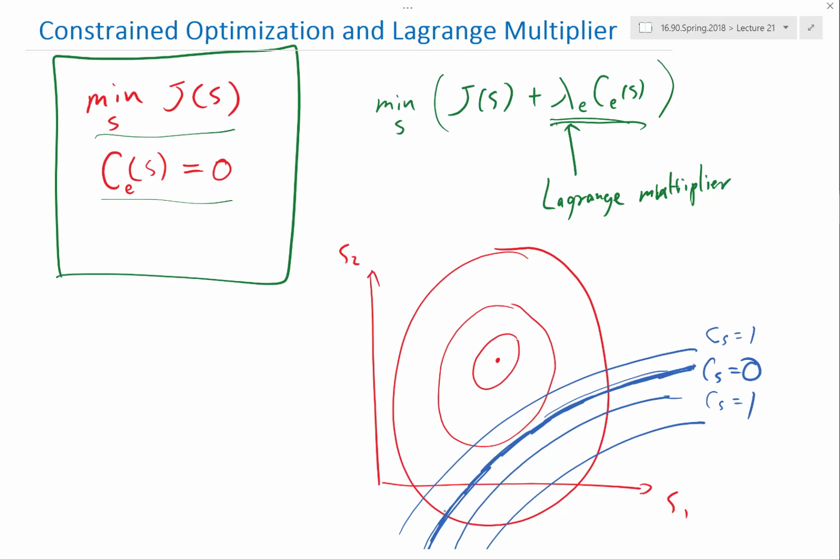Yeah. I was going to say it's when the normal vector to those contour lines is pointed towards the optimal value. Just like the problem with the closest point to the origin.